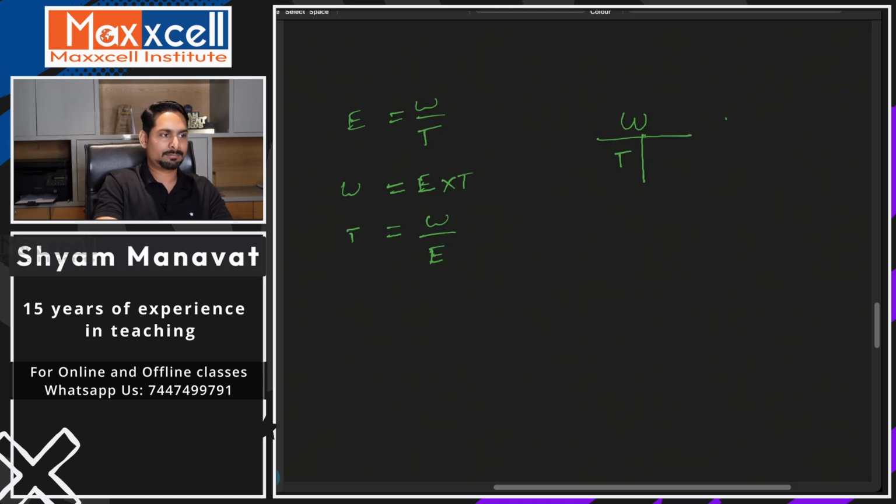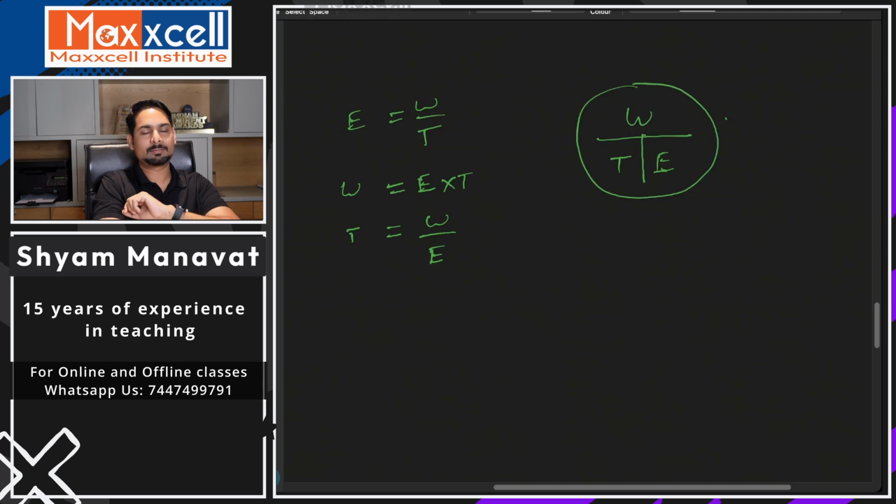If you want to find the time formula, hide time, and you get work upon efficiency. And if you want to find the work, hide work, so you get time into efficiency. That's how you can remember all 3 relations. So note it down this way. This circle is important for you.